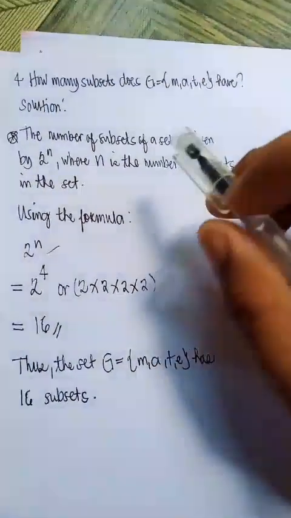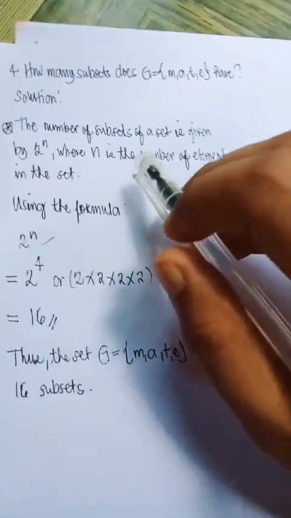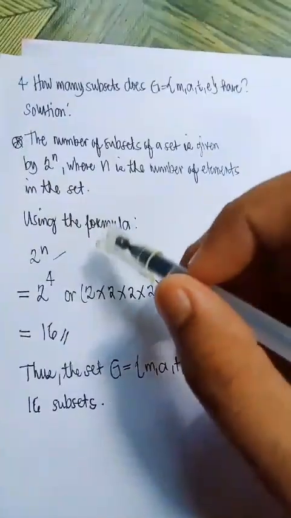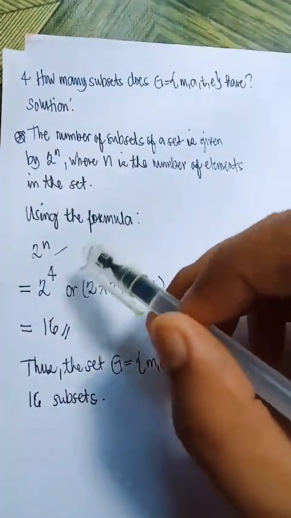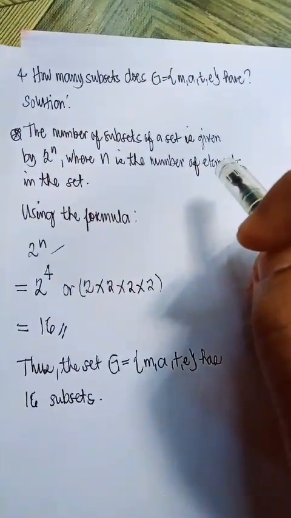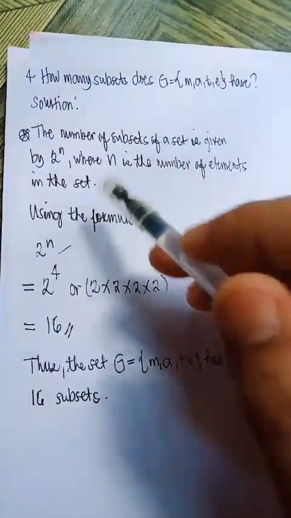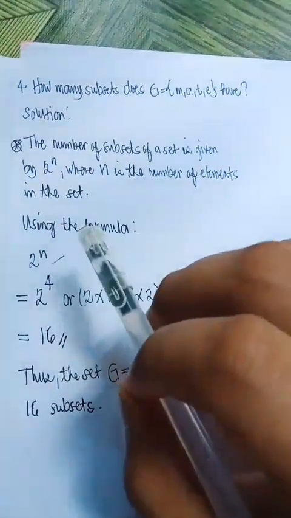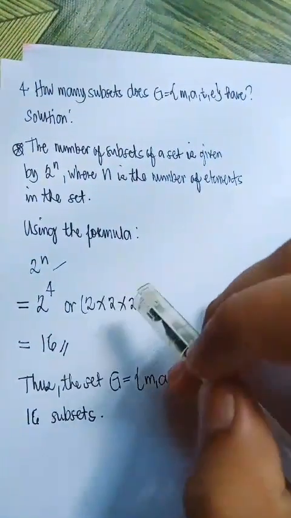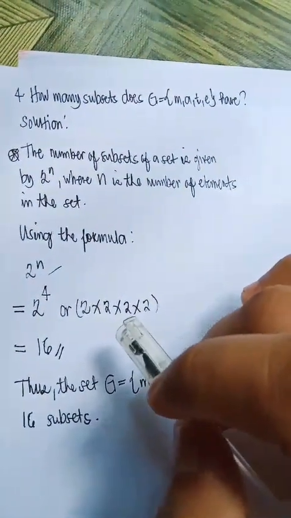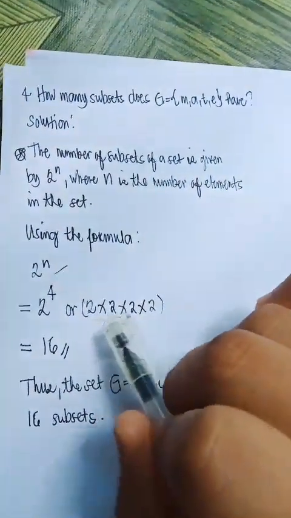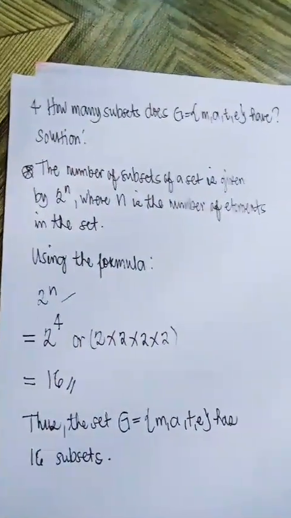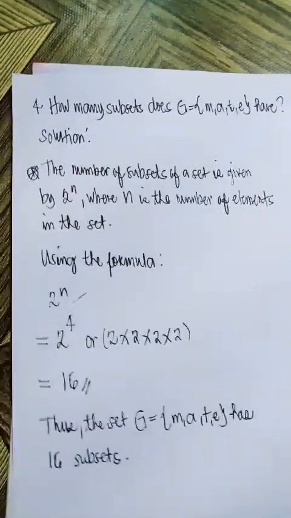Substituting the number of elements in the set, which is 4, into the formula, this becomes 2 raised to 4, or 2 times 2 times 2 times 2, which gives us a product of 16.